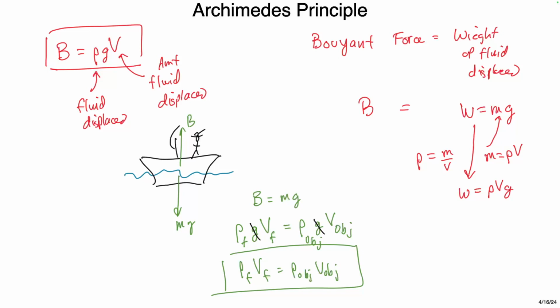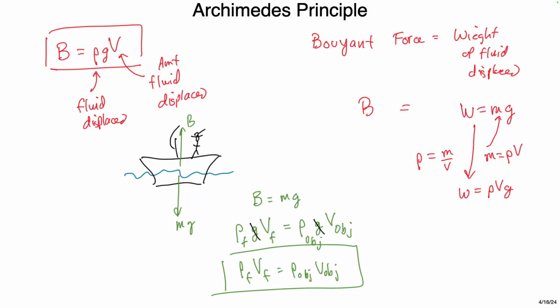What happens if the density of the object is smaller than the density of the fluid? In other words, this number right here, density of an object, is small compared to this one that's big. So it's like this right side is getting smaller, but this left side is getting bigger.